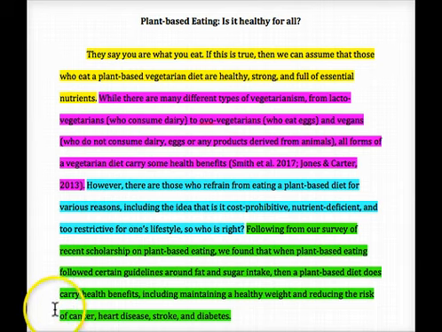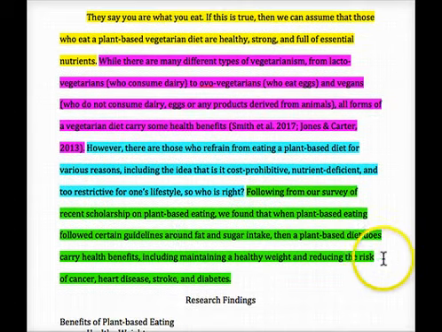So what do you know for certain, or what can you say with some certainty about this research topic following from your research? And a good thesis can also set up the main points of your argument and be a sort of signposting or outline of what the rest of the paper will be talking about.